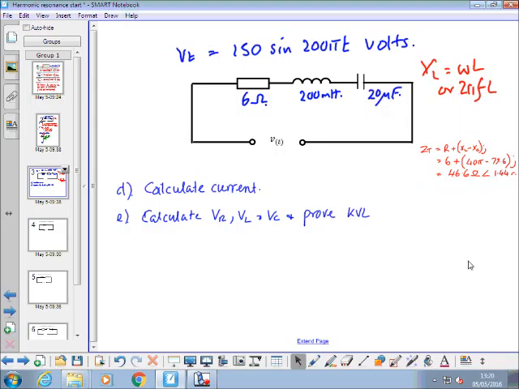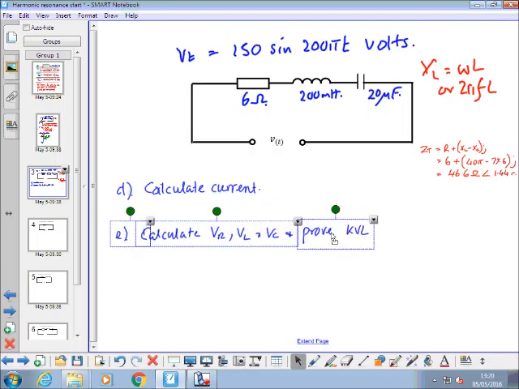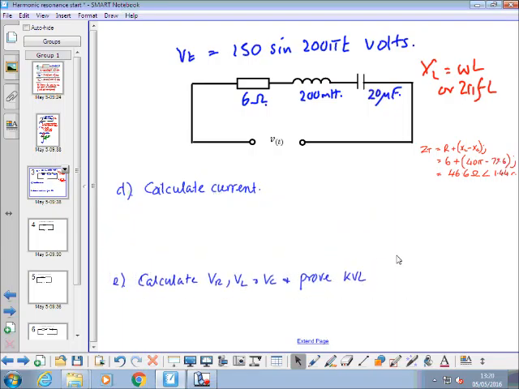Park that up there for reference. Calculate the current, VR, VL, VC, and prove Kirchhoff's voltage law. Can we have a go at that?